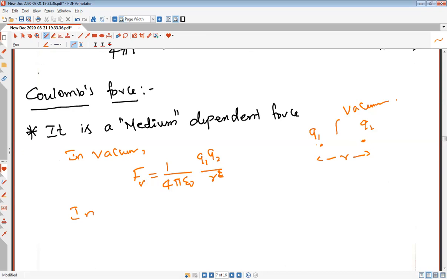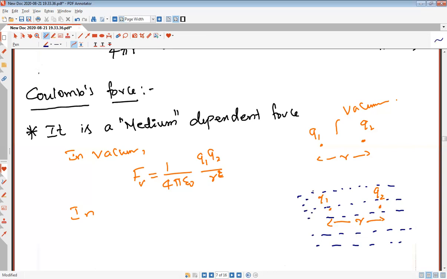Suppose the same two charges Q1 and Q2, separated by the same distance, I happen to place in water. I place the same two charges Q1 Q2 at the same separation in water, and the force now changes.